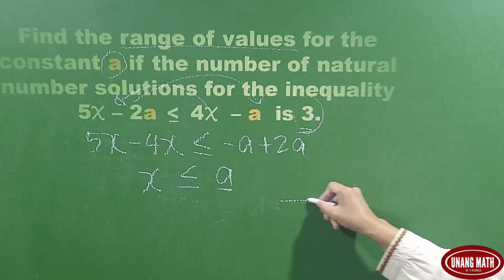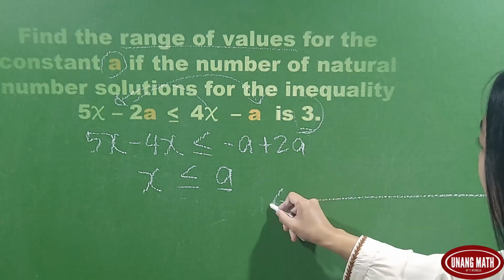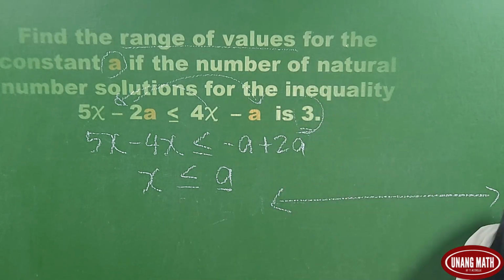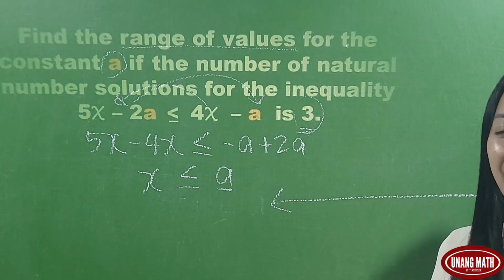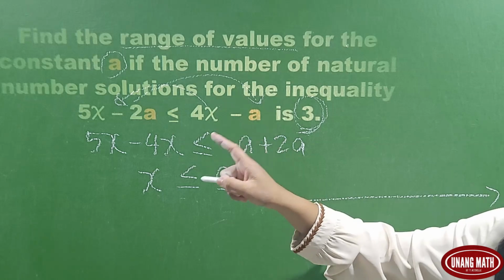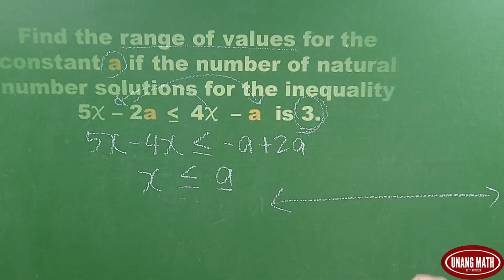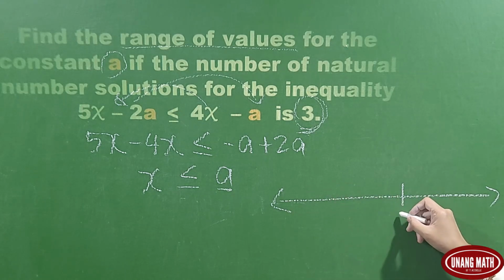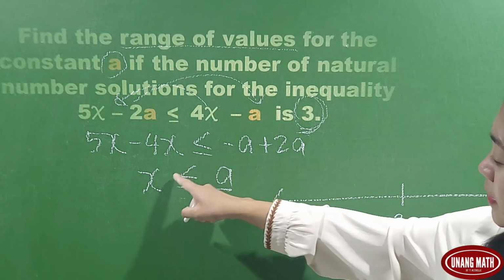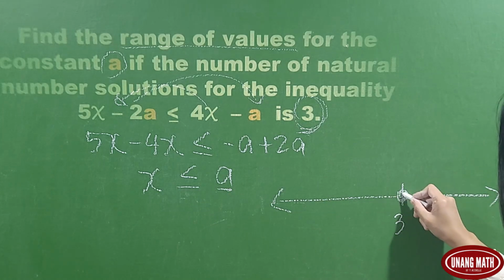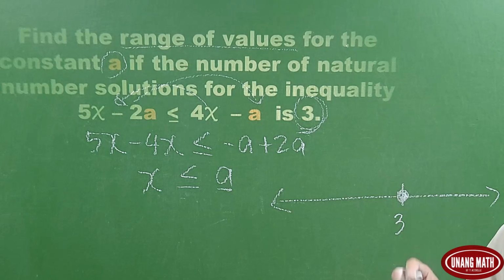Okay, on the number line, take note, natural numbers are 1, 2, 3, or counting numbers. And there are 3 natural number solutions to this inequality. Okay, let's say a is 3. Since this is less than or equal to, it means 3 is included in those numbers.